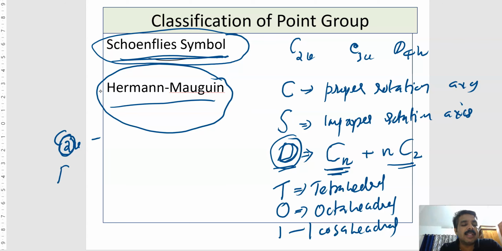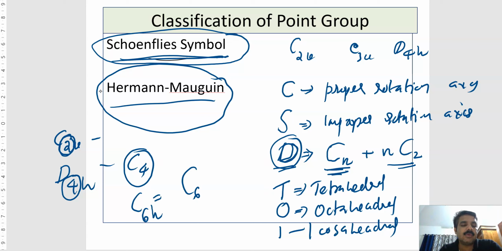Or we can say it is D4h, and this 4 indicates there is a C4 axis, that is, the highest order rotation axis is C4. Or we can say there is a point group like C6h, then that indicates there is a C6 axis. Or a point group like D3h, then this 3 indicates there is a third order rotation axis, that is, a C3 axis will be there.